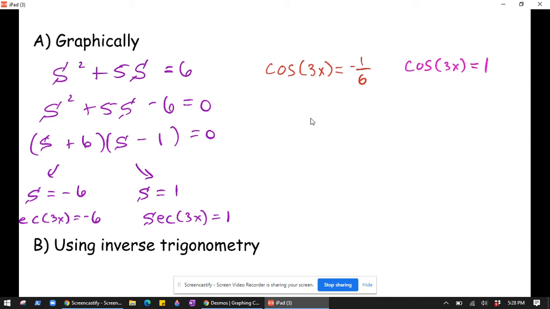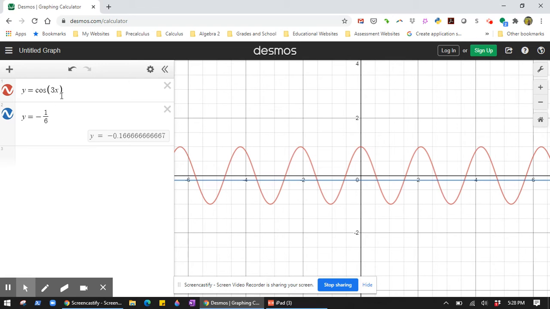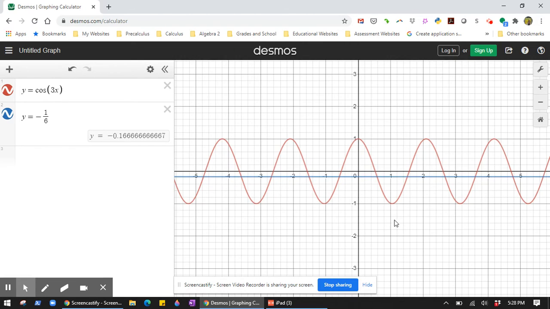So let's just use a graphing calculator, and I'll use Desmos here. What we're going to see up here is our solutions for x. I have my graphs here: cosine of 3x and negative 1/6. Notice, we're looking for intersection points.